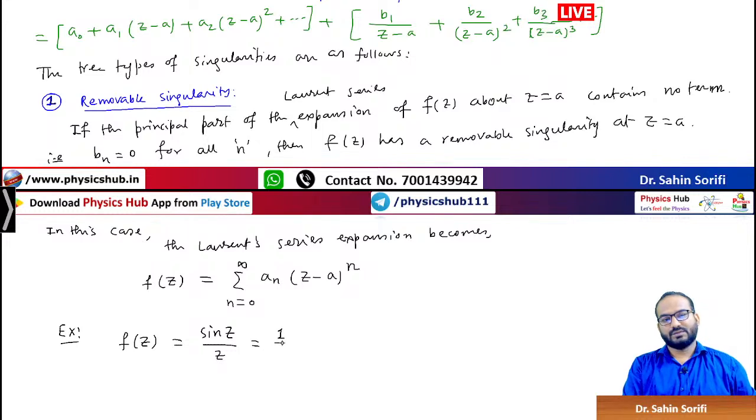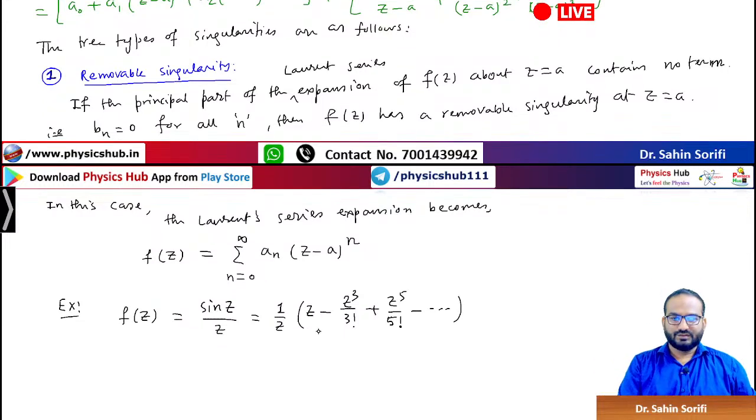As you can see it is 1 by z times sin z, which is z minus z cubed by 3 factorial plus z to the power 5 by 5 factorial and so on. So it is 1 minus z squared by 3 factorial plus z to the power 4 by 5 factorial and so on.